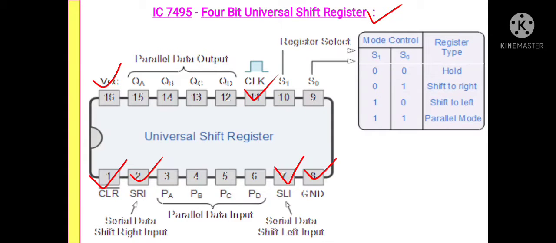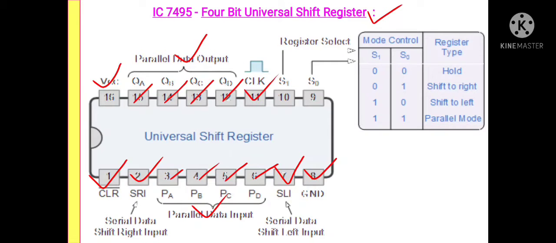Pin numbers 3, 4, 5 and 6 are used as parallel data input pins. And similarly pin numbers 12, 13, 14 and 15 are used to output data parallelly.